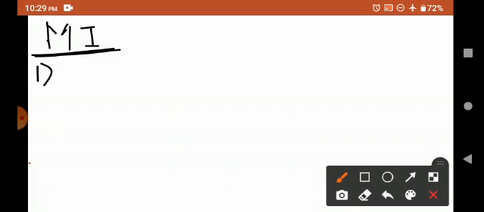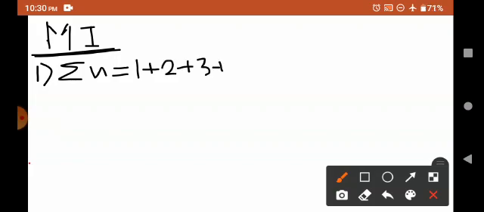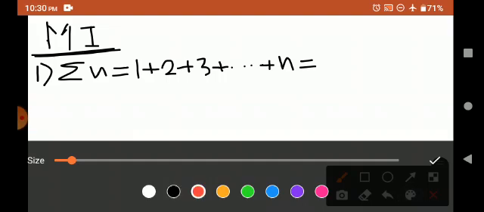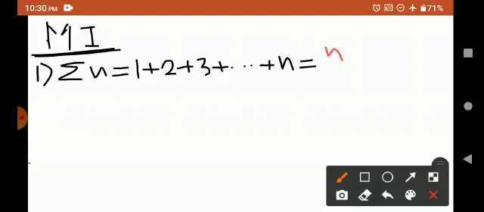The first formula is summation n, the sum of the first natural numbers 1 plus 2 plus 3 plus so on plus n, and it is given by the formula n into n plus 1 divided by 2.